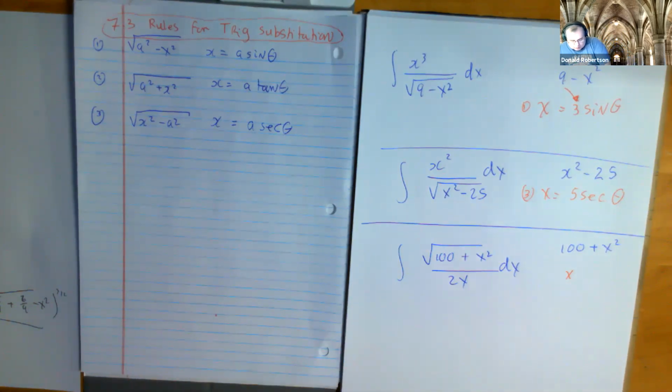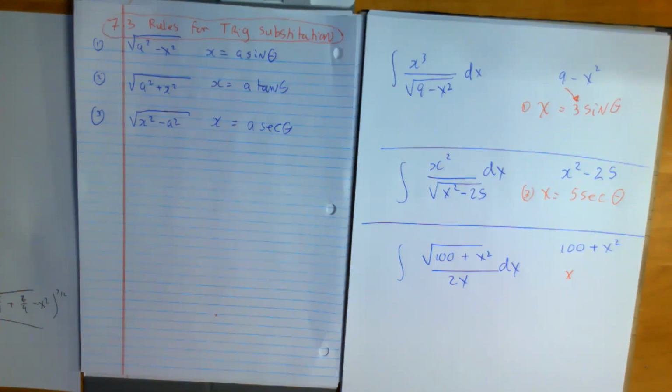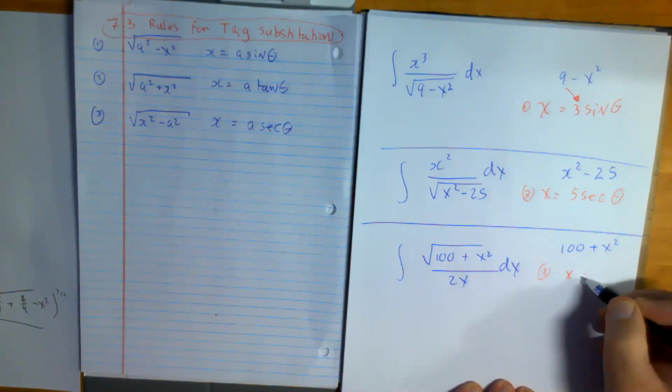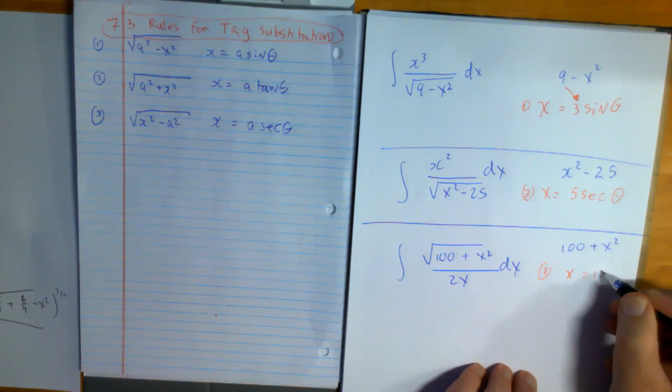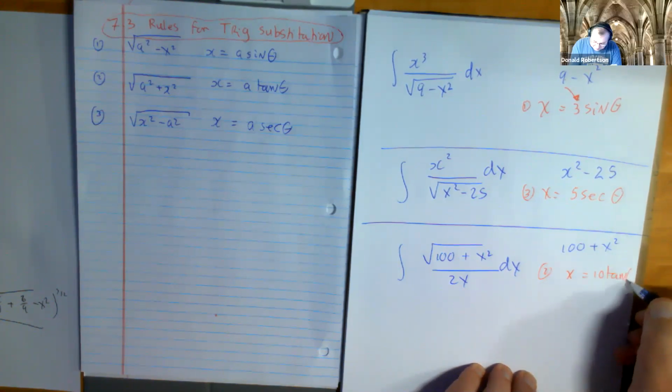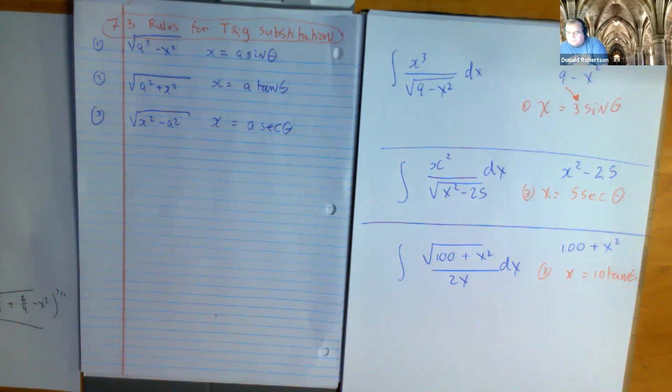Which one does that one work with? 1, 2, or 3? 2. And what's the x sub you use in that situation? A tan theta. Right. In this case, 10, but in general, a.